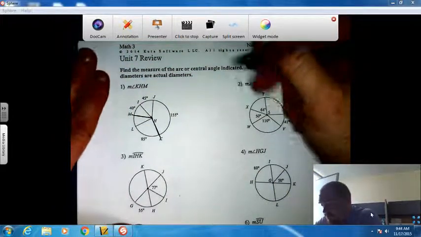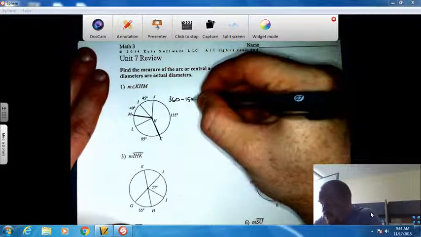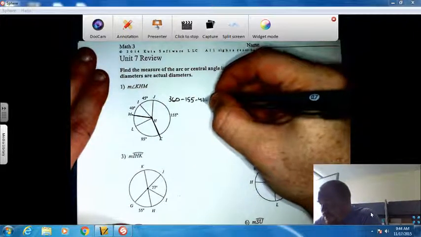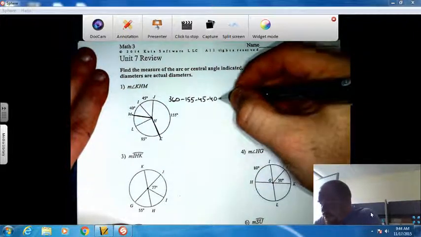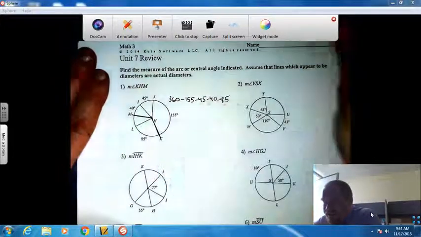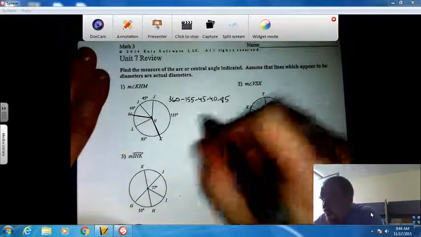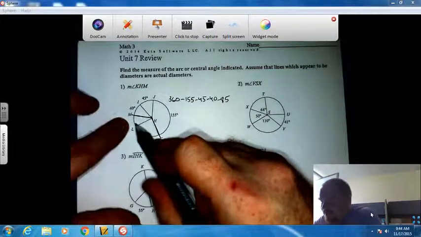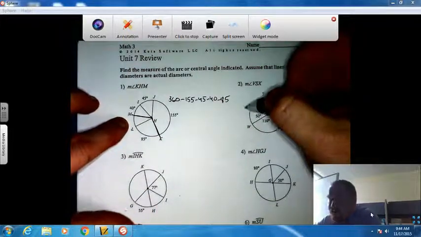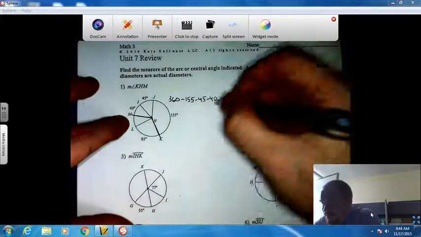So if I just take 360 minus 155 minus 45 minus 40 minus 85, I would find that missing angle. Well, I know that means that this angle right here is going to be 35 degrees. So when you do all this, you get 35.